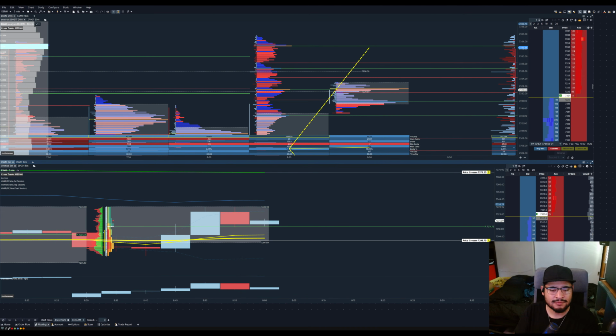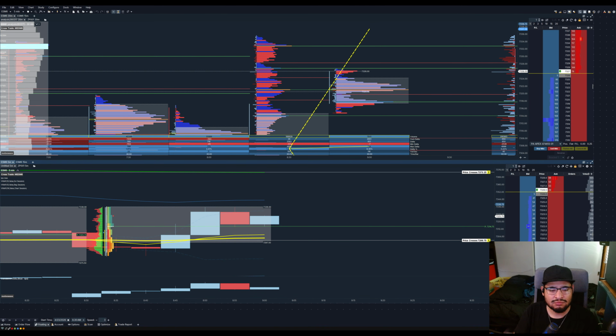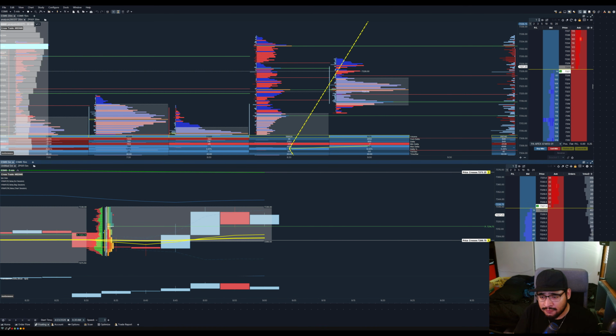Let's see. I'm checking out TradingView right now. I didn't add it as a scene. I do see a stack of volume from 73.25 to 73.38.